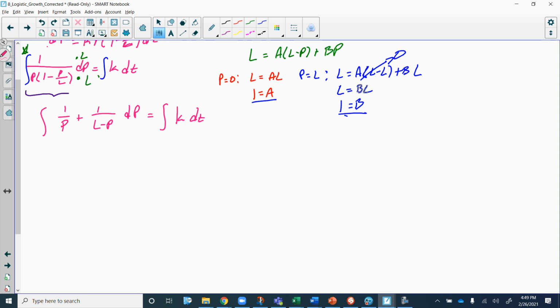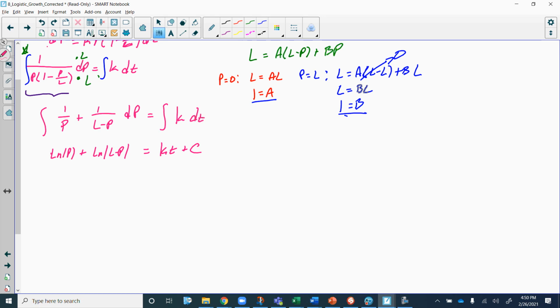Now we can start integrating. The integration of 1 over P will be the natural log of P. The next one will give me the natural log of L minus P. And here we're going to get KT plus the constant of integration.